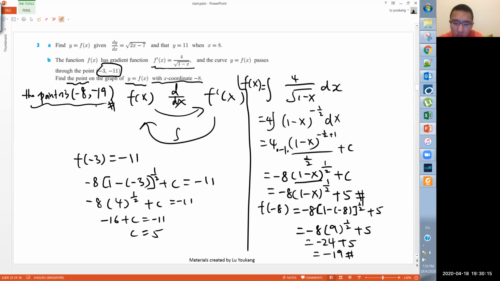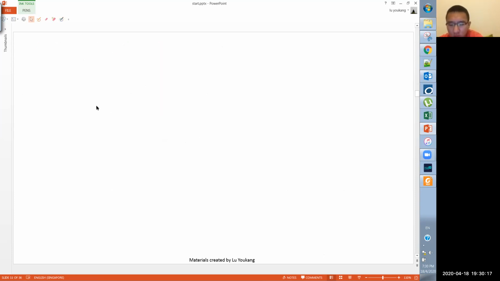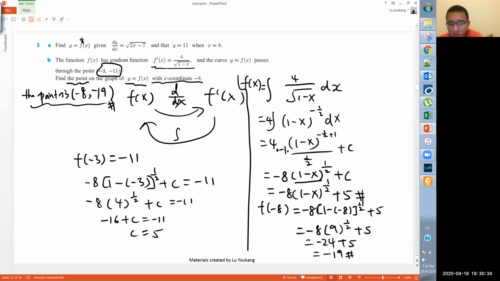You know what's the meaning of a point, right? A point is defined by your x and y coordinate. So that is the reason why when they ask for the point, I'm supposed to give them in coordinate form.